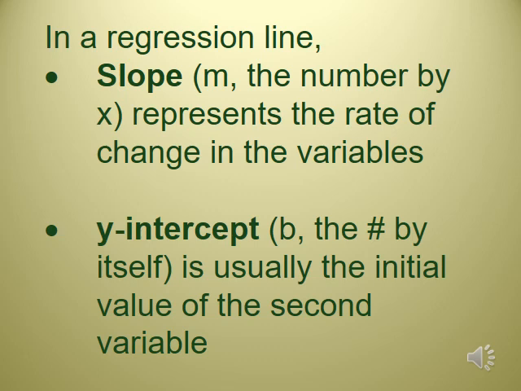The y-intercept, the number that's at the end of the problem, the b, what that typically is the initial value. It would be like if somebody had no kids, how many visits are they likely to make to the hospital?